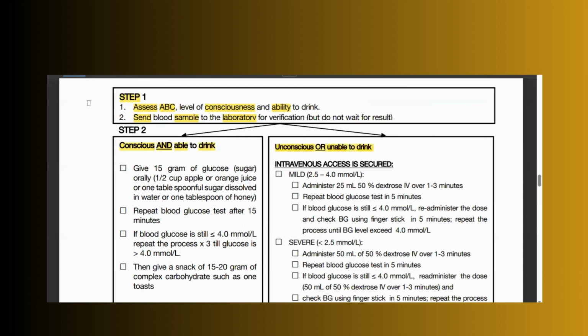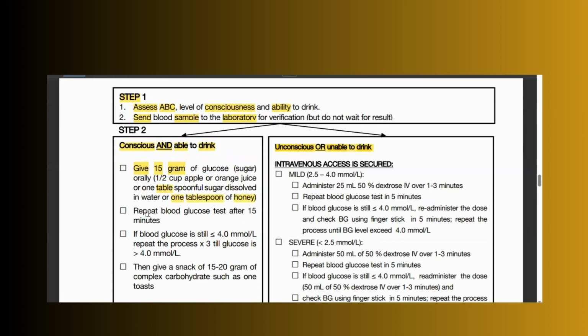So, if the patient is conscious and able to drink, give 15 grams of glucose sugar orally. Half cup apple or orange juice or 1 tablespoonful sugar dissolved in water or 1 tablespoon of honey.